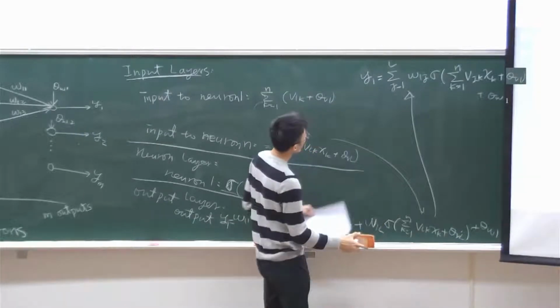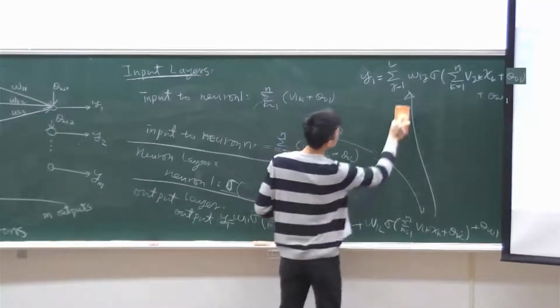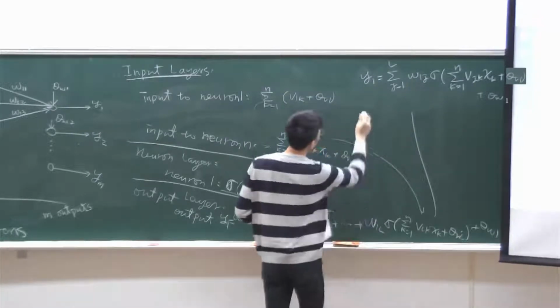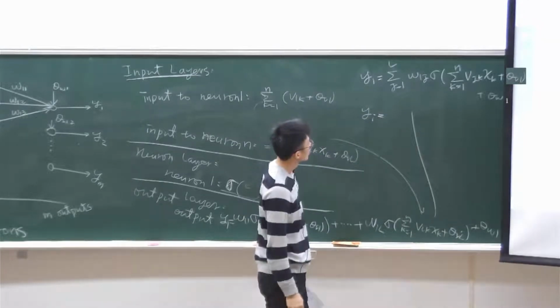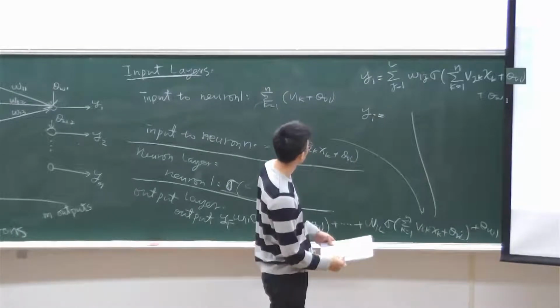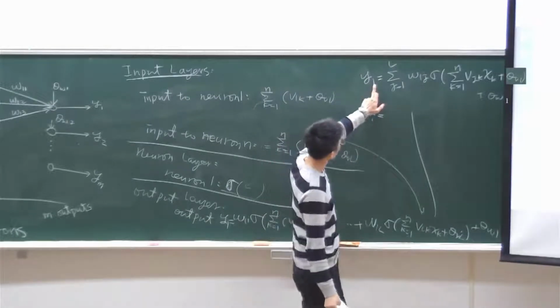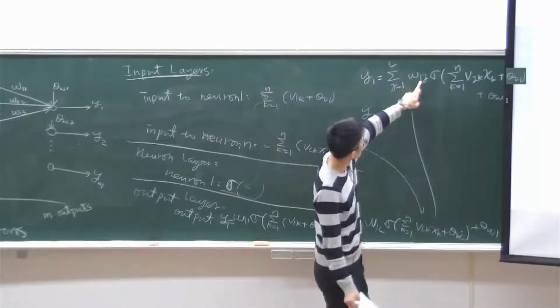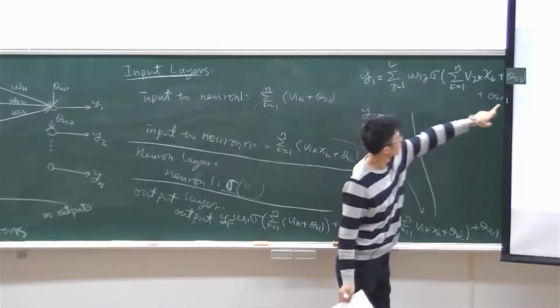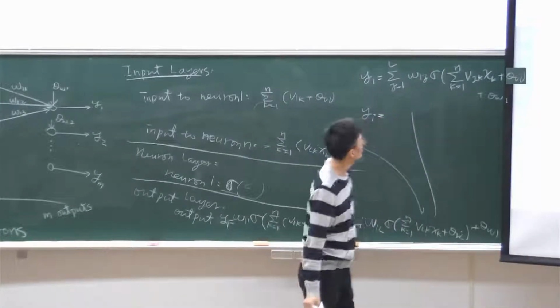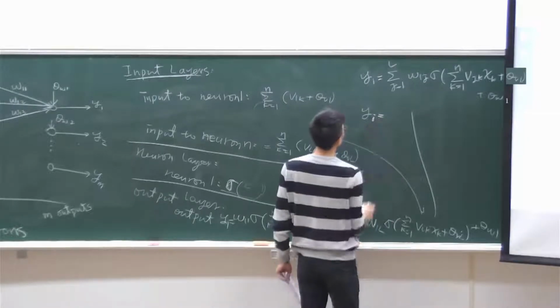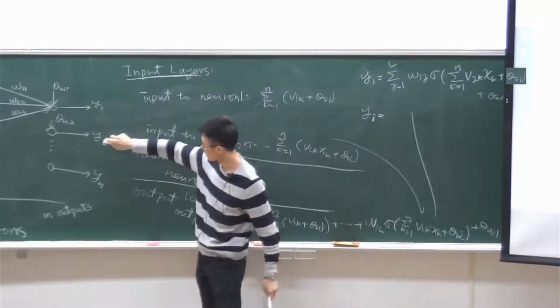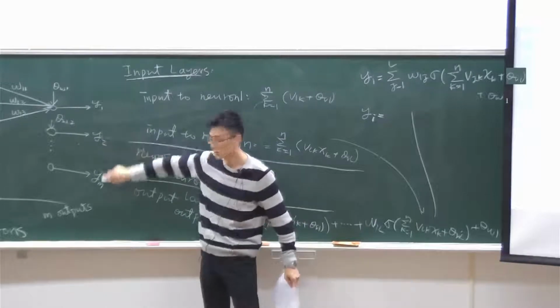Next, for y_i, you can replace, here's 1, and here's another 1, subindex 1, another 1 here. You just replace 1 by i. Okay, for y_i, i stands for 1, 2 to m.